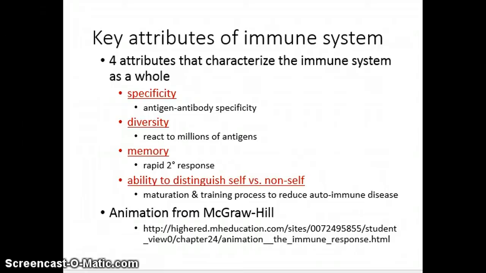And then the fourth thing is, in a normal, healthy functioning immune system, the ability to distinguish self from non-self is a very important attribute of our immune system. And that occurs through the maturation and a training process within the lymph system to reduce autoimmune disease.